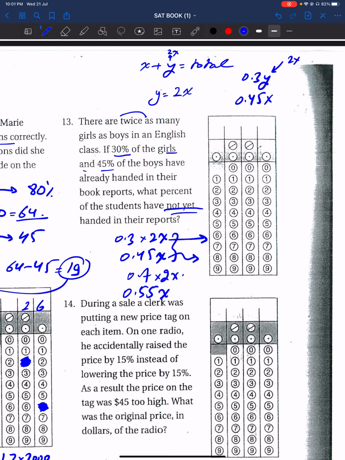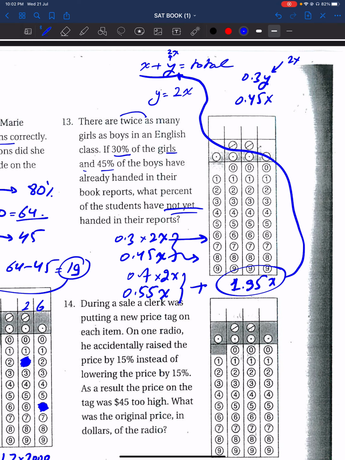Accordingly, the sum of those two would give me the number of people who didn't hand in. So 0.7 times 2 plus 0.55, we have 1.95x who did not hand in their reports yet. And those out of the total, which is 3x, would give the percentage of people who didn't hand in.